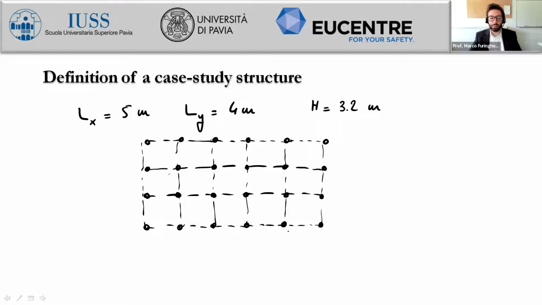So this means that we will have 6x4 isolation devices, or generally structural bearing points. So the total number of structural bearings should be 24. This is very important information, because then we will be dealing with rubber bearings rather than lead rubber bearings.